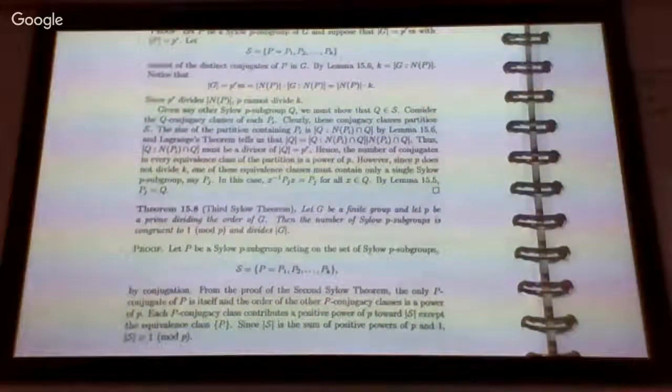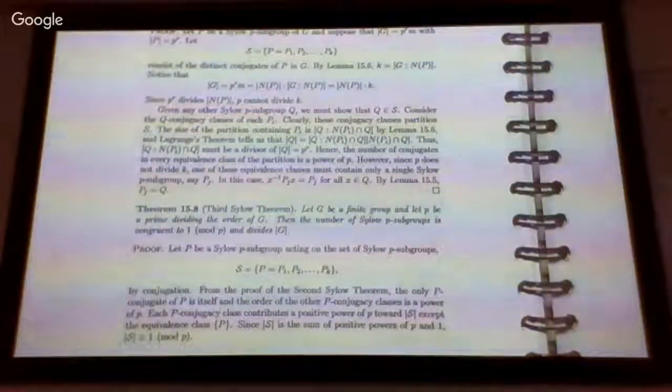So now we come on to the third theorem, which you, Jordan, led us into naturally with your question last time. Because you asked, well, how many of these things are there? There's no simple universal answer to that, but the third theorem gives us excellent conditions on the number of them.